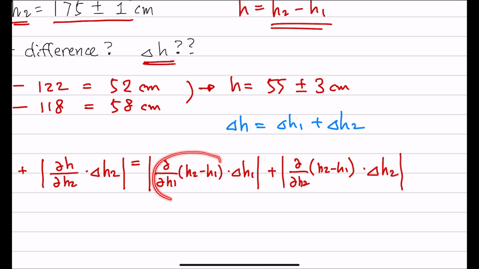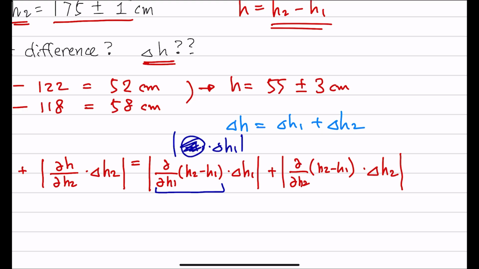And so in this case, what do we have? Anyone? It's -1, isn't it? You can think of this as like delta x over x2 minus x, something like that. And so in this case, it's going to be -1. So we have -1 times delta H1, and we have an absolute value around it.